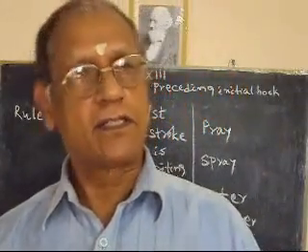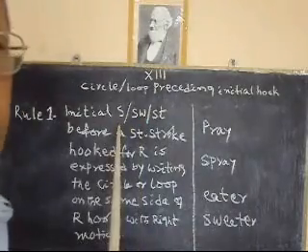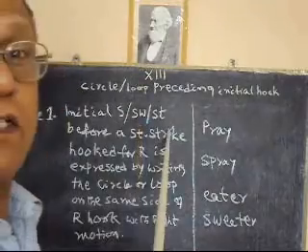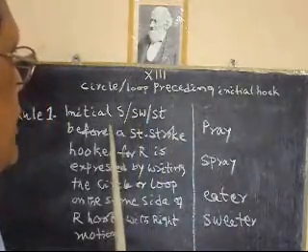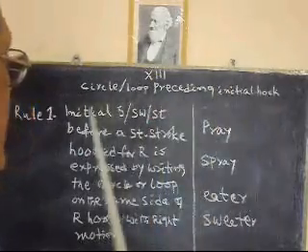Now, let us see the rule. Initial S is represented by small circle. Swa, large circle. St, small circle, large circle, small loop.